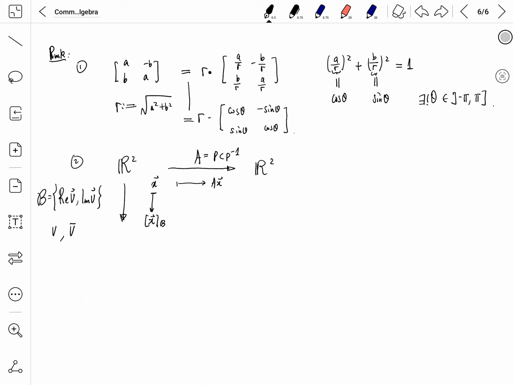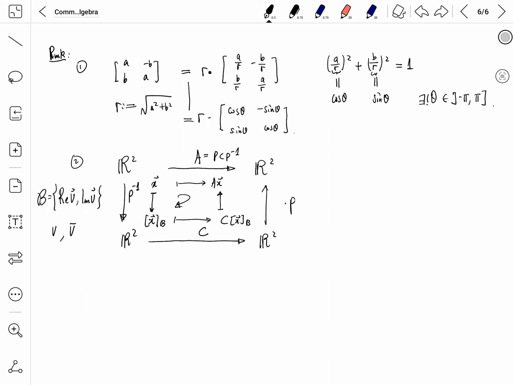Okay, and you can show that this is a basis of R2 also. And so what we do is, here we get our C. So this is mapped by C to the B-coordinates. And this changing of basis is given by multiplication with P. Then finally by multiplication by P you get back your previous vector.